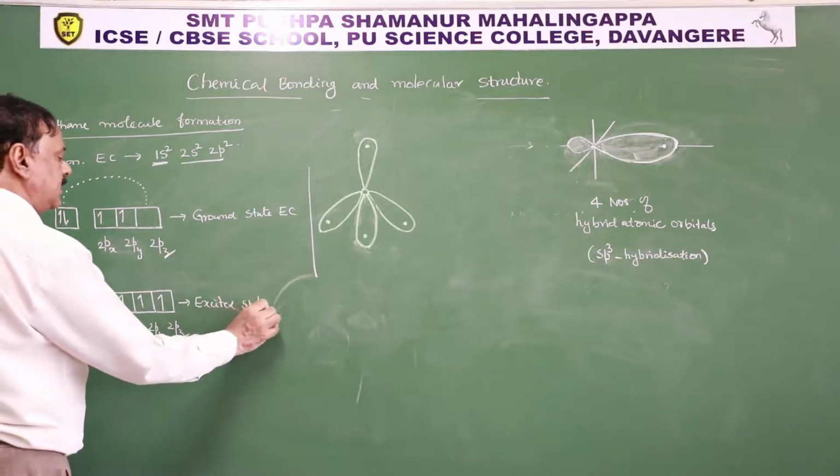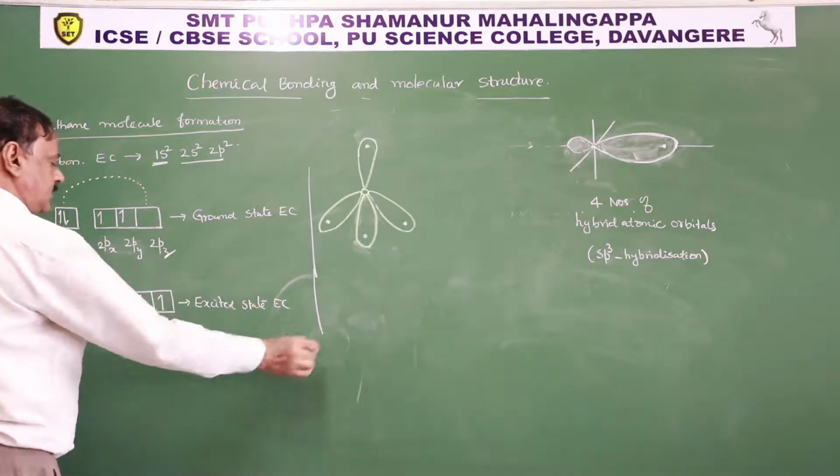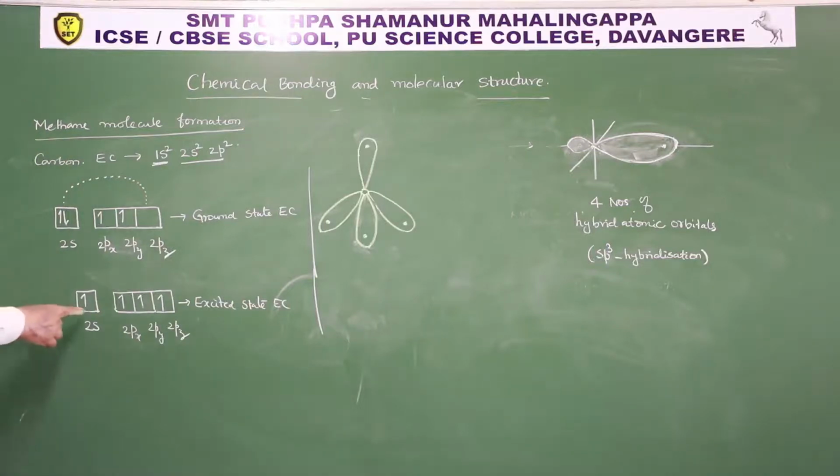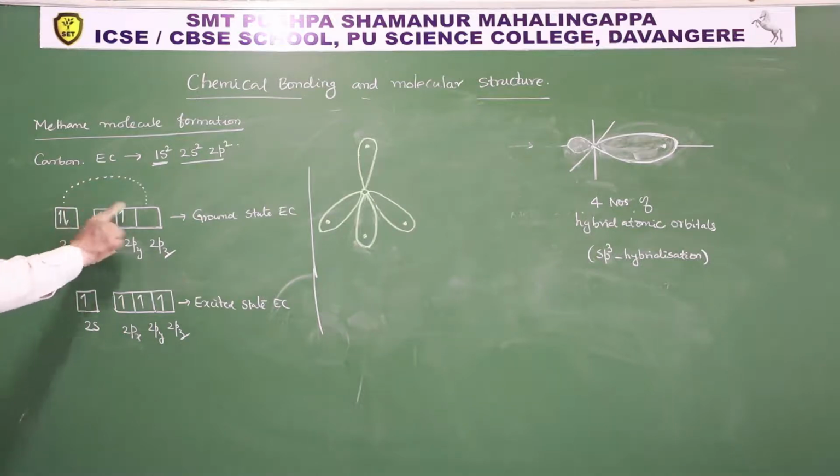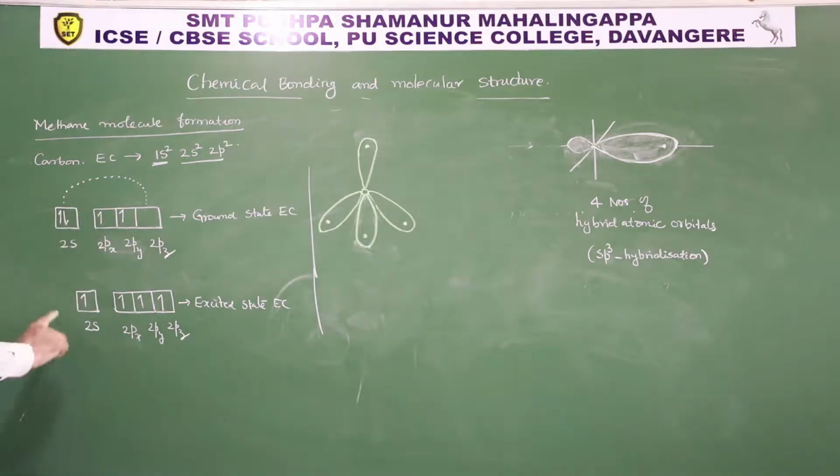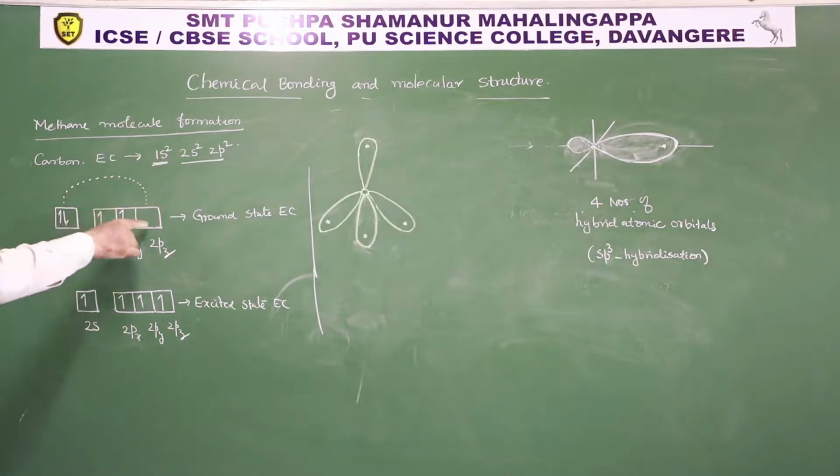In the excited state electronic configuration, the arrangement is on the basis of maximum multiplicity. During chemical reactions, whenever energy is supplied, one of the 2s electrons becomes unpaired and is shifted to the vacant pz atomic orbital.